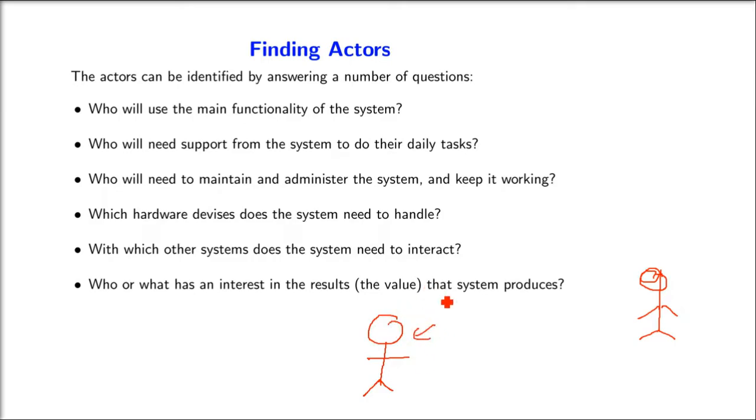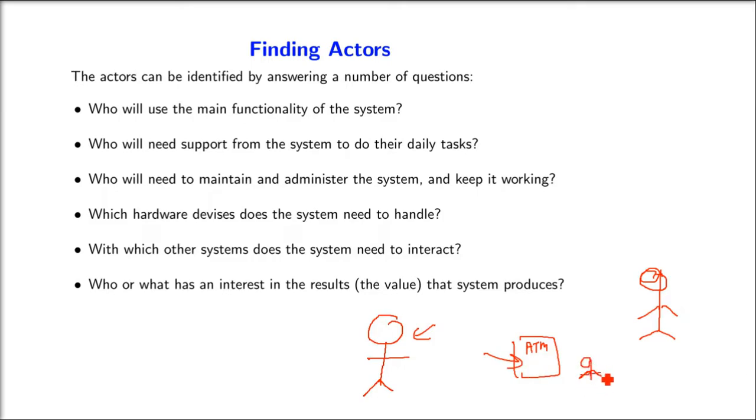Who will need support from the system to do their daily tasks? The supporting cast can be an actor. He can be a human. He can be some automated system component. As I said, who will need to maintain and administer the system? A maintainer can be an actor, and an administrator can be an actor. If you understand an ATM system, you go as an actor, you try to pick up the cash.